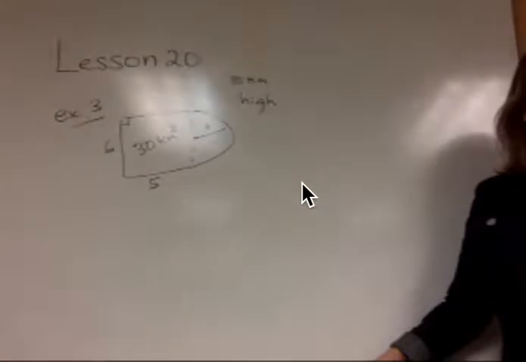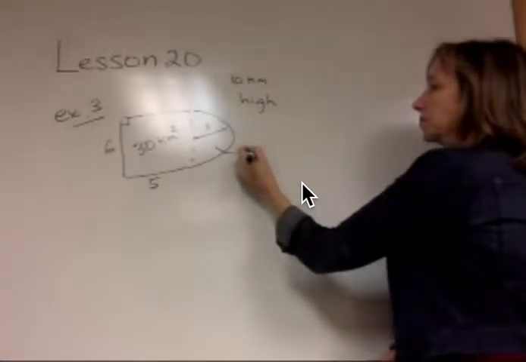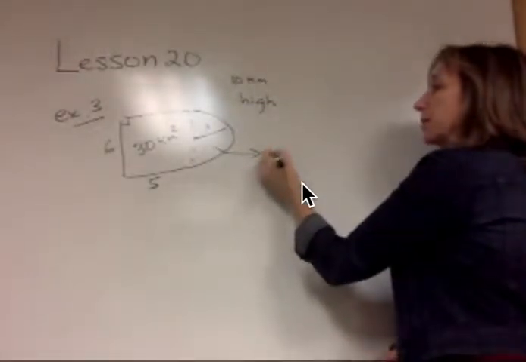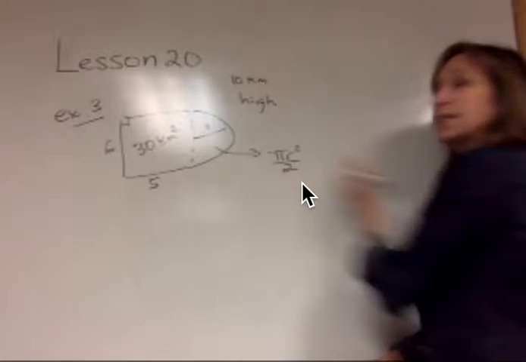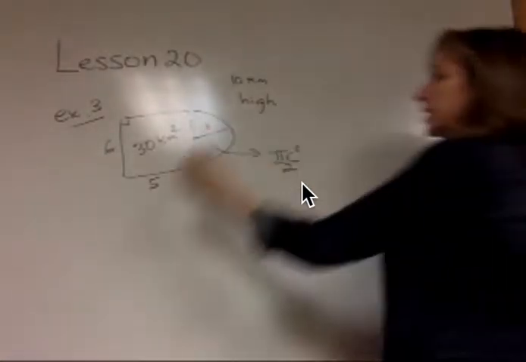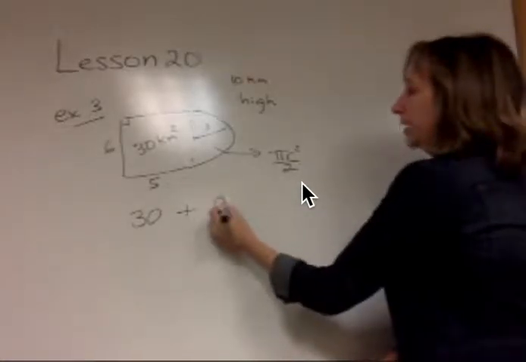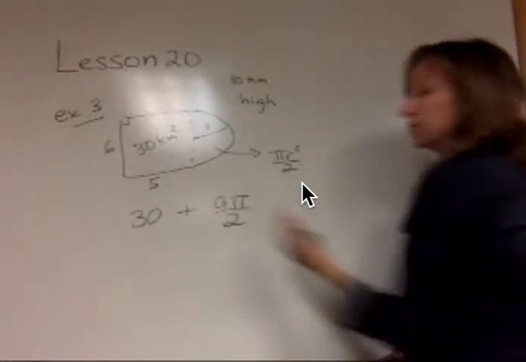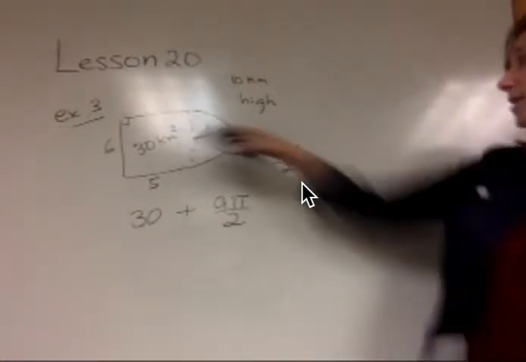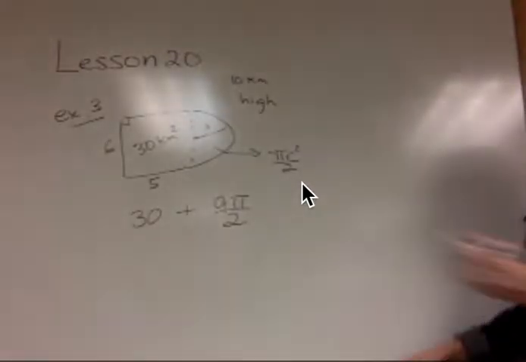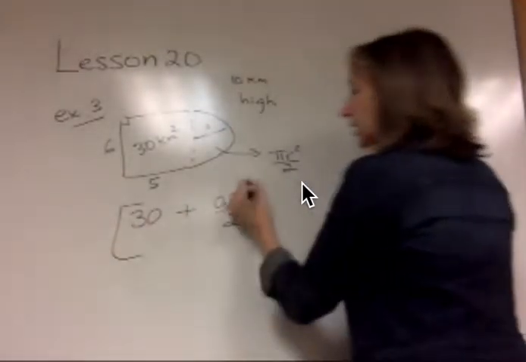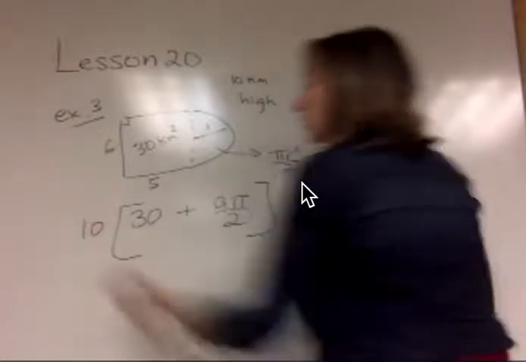And then, do you guys remember the area of a circle? It's pi r squared. Yep. So it's going to be pi r squared divided by 2 because it's half a circle. So we're going to take 30 plus 9 pi divided by 2, because we're going to square this. That's our r squared. And then we're going to take this answer times 10. So just use your calculator.